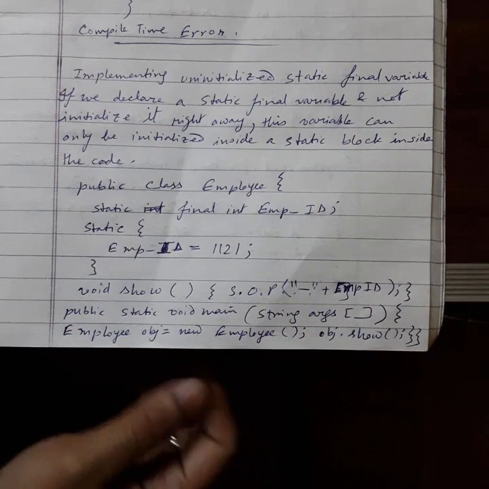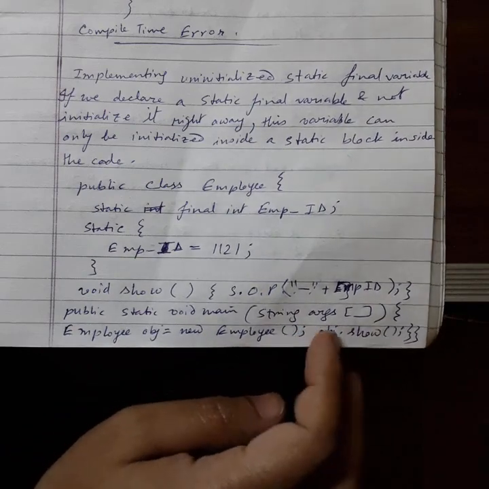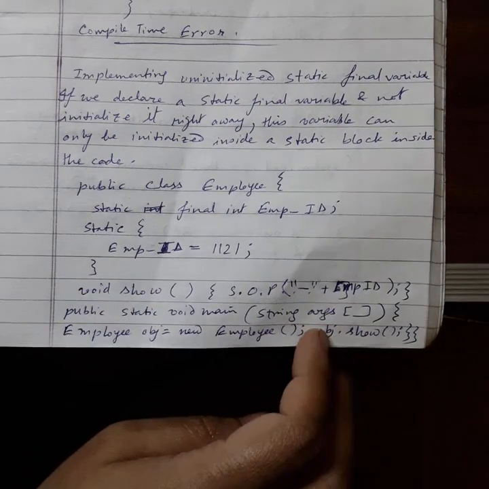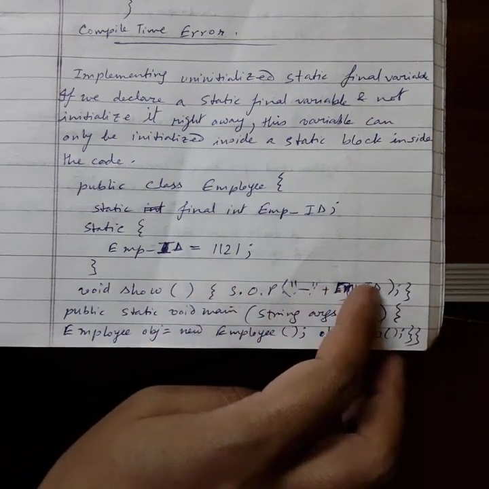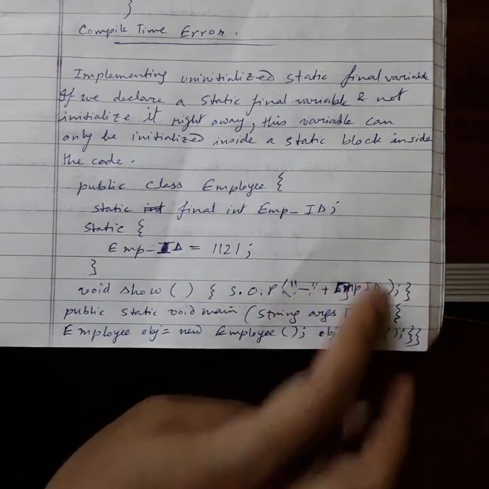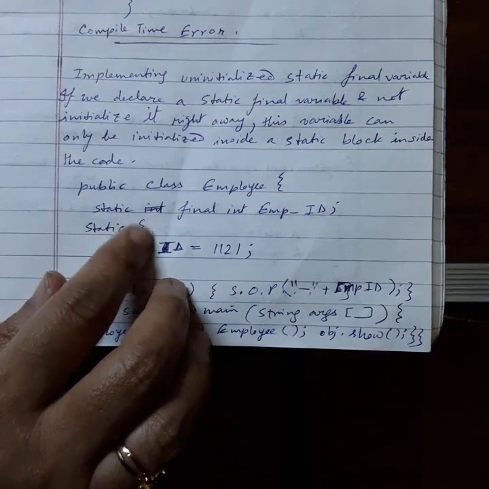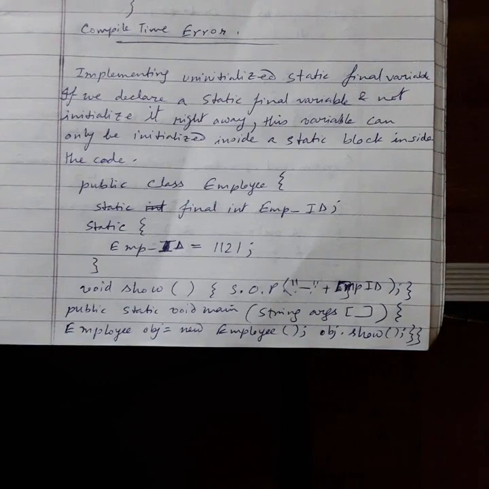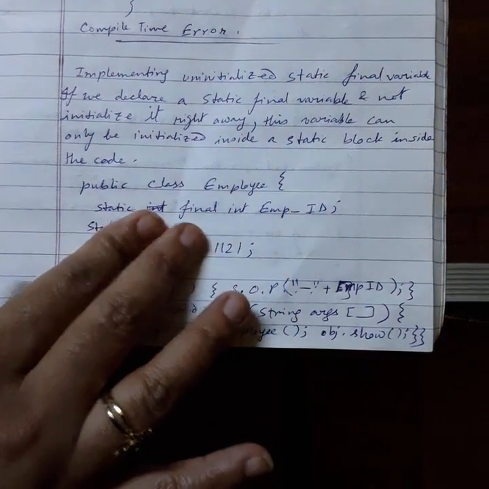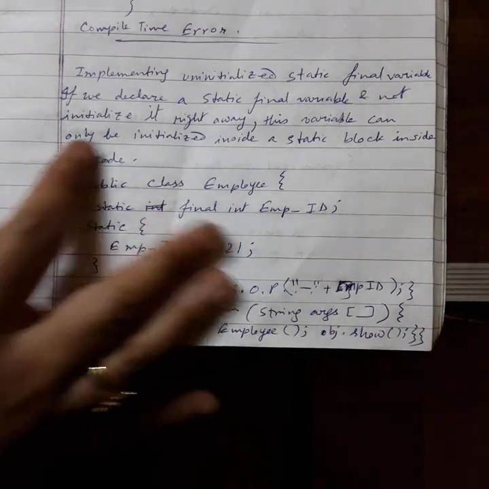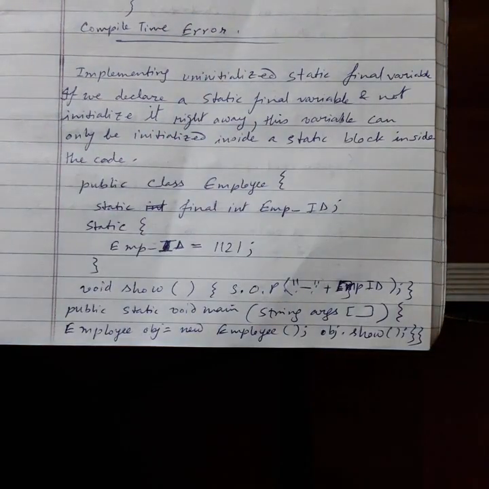Then we invoke this method with the object, and this value gets displayed only because it was initialized in the static block. Otherwise, if it had not been initialized, it would have thrown an error. It wouldn't have compiled. Okay, so final variables I've covered.